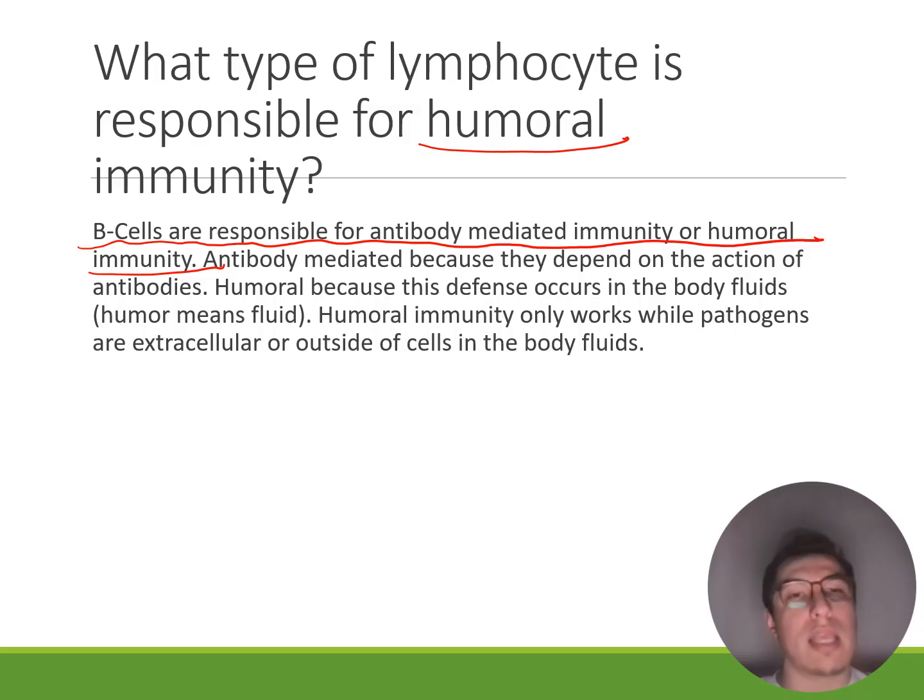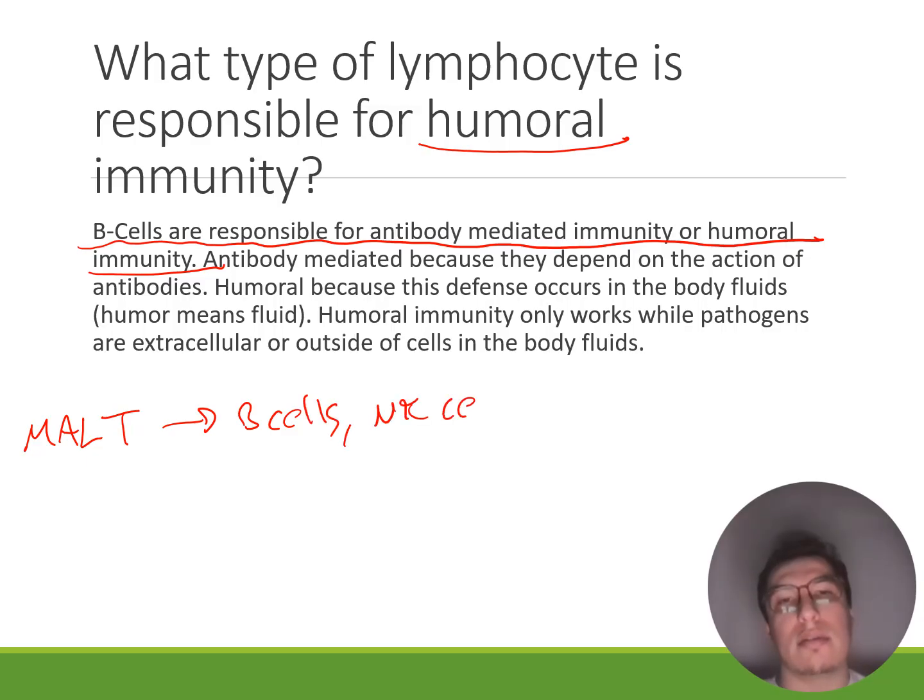All right. Here we're going to discuss, for a second time, the way this antigen presentation is affecting or helping with antibody production. So remember that we have multiple ways in which we are protecting the body, and that is through mucosal associated lymphoid tissues. These mucosal associated lymphoid tissues are rich in B cells, NK cells, and T cells.